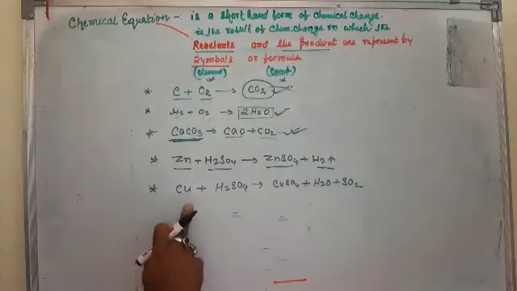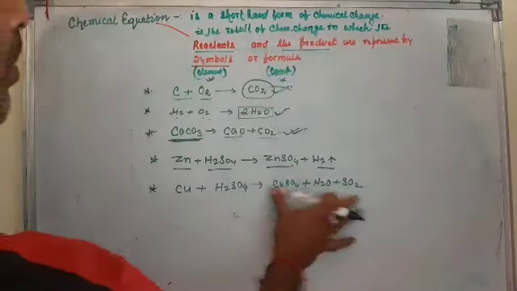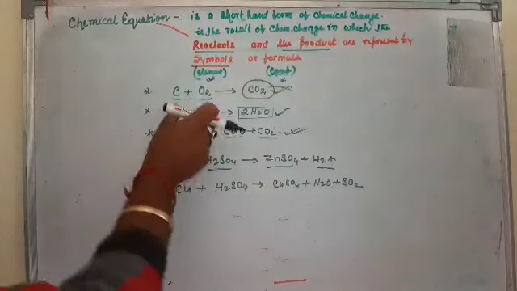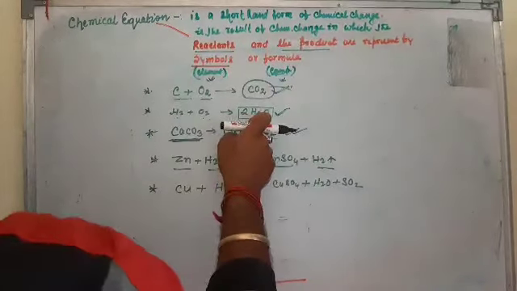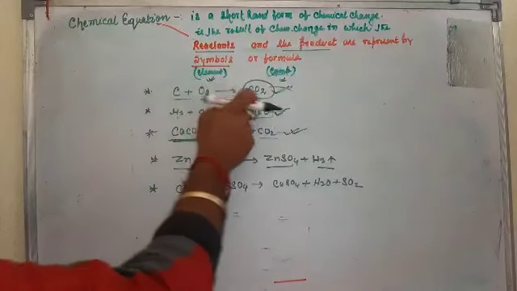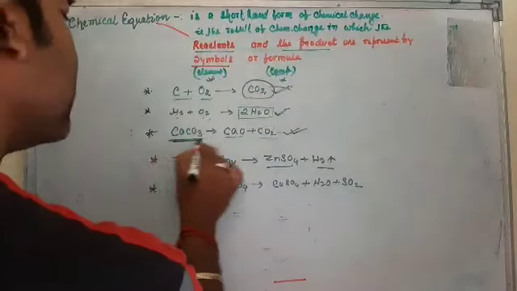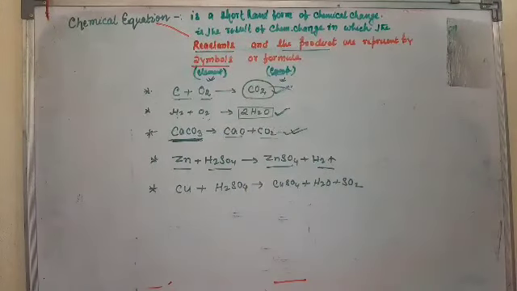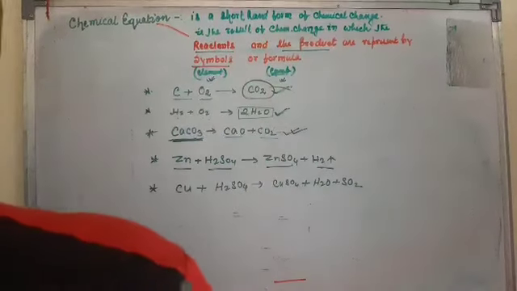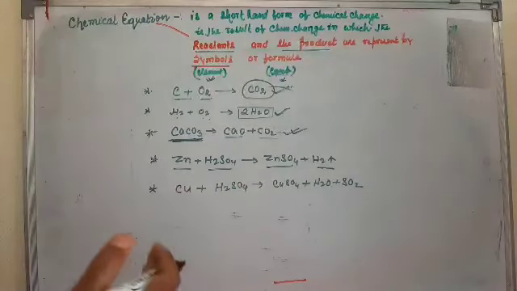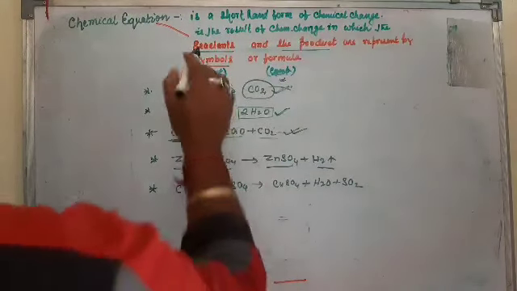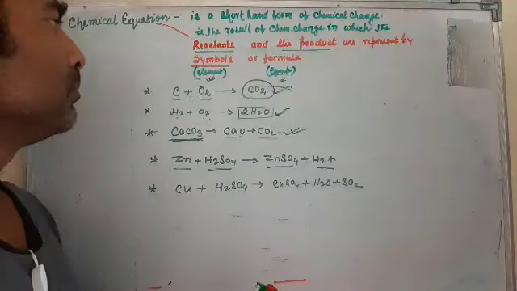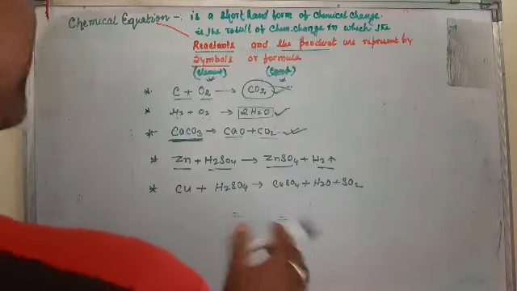So here two reactants produce three products; here two reactants produce two products; here two reactants produce one product; and one reactant produces two products also. These are examples of chemical equations. Again, a chemical equation is a short form of a chemical change in which the reactants and the products are represented by symbols and formulas. Clear?